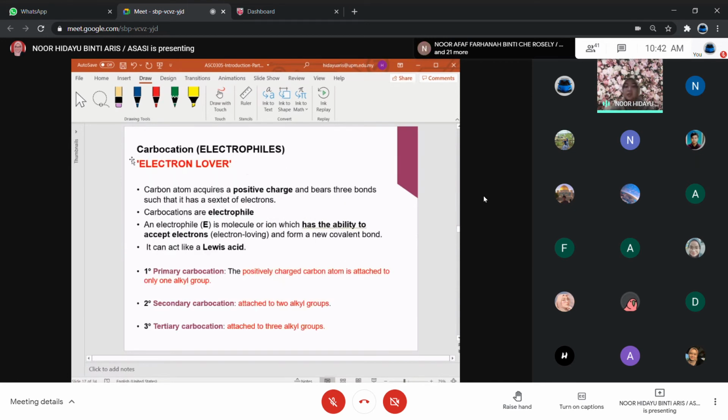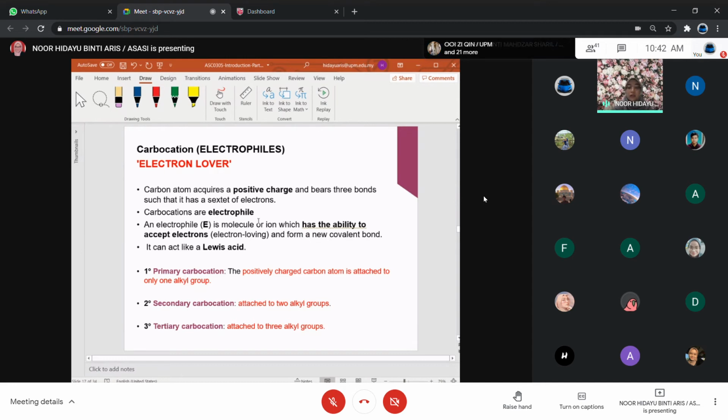Next, intermediate we have carbocation or electrophile. Somehow we call it as electron lover. Okay, carbocation sendiri tak cukup elektron. That's why dia seek for elektron. Dia akan mencari elektron. So that's why kita panggil sebagai electron lover, pecinta elektron. Carbon atom acquires a positive charge and bears 3 bonds such that is 6 electrons.